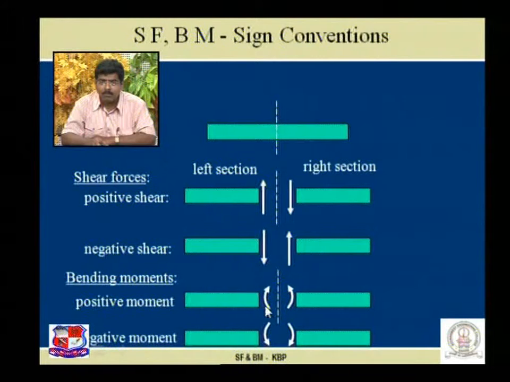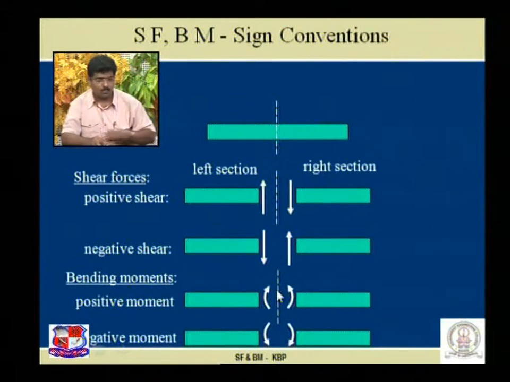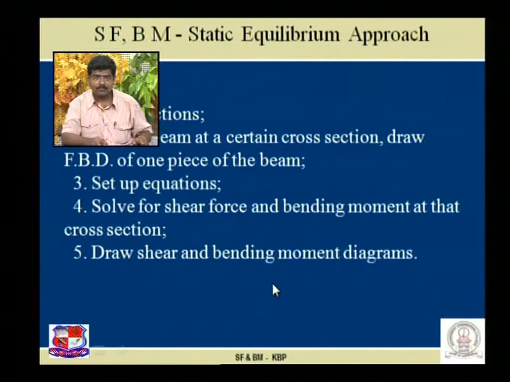For bending moment, section left clockwise moment is treated as positive bending moment, referred to as sagging bending moment, while section left anti-clockwise bending moment is treated as negative bending moment. So with this we are going ahead.